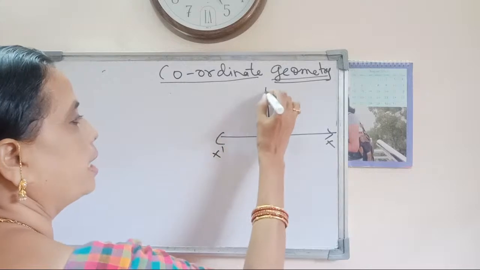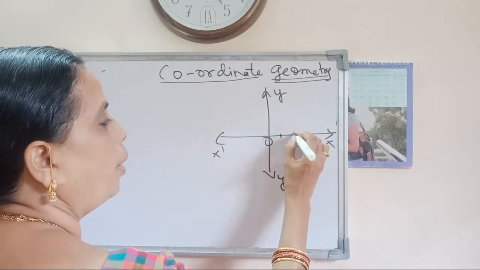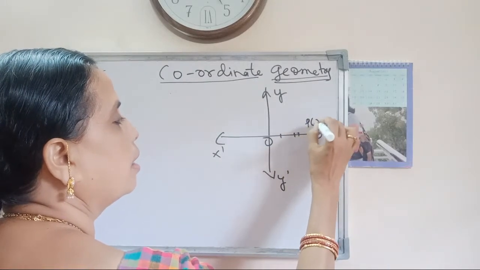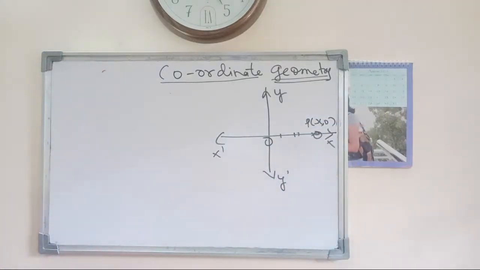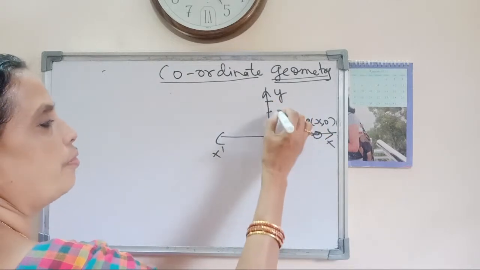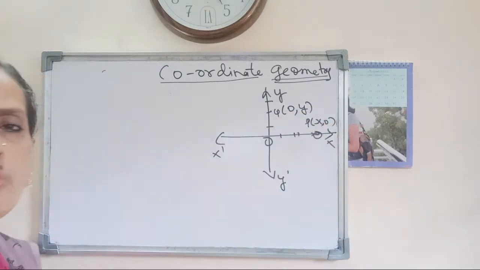XO, X dash, YO, Y dash. The point on the x-axis we consider as x comma 0. The point on the y-axis, suppose if I take Q, will be 0 comma y.